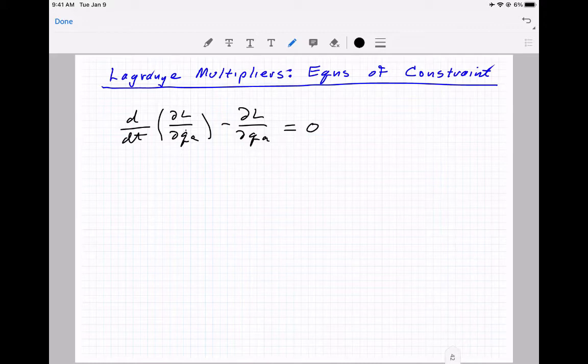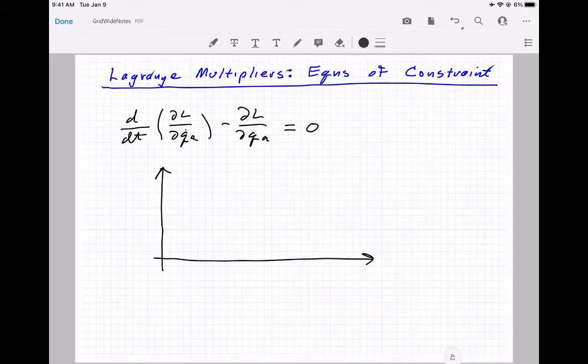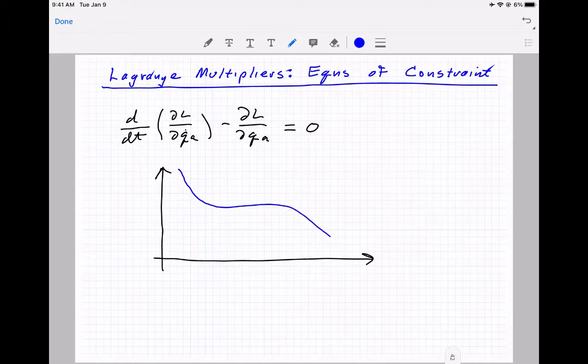But the real power of Lagrangian mechanics comes when there are constraints. I'll just give a really simple example. Let's look at a bead sliding along a wire without friction. This wire has some shape to it, and on the wire we've got a bead which is sliding under gravity.